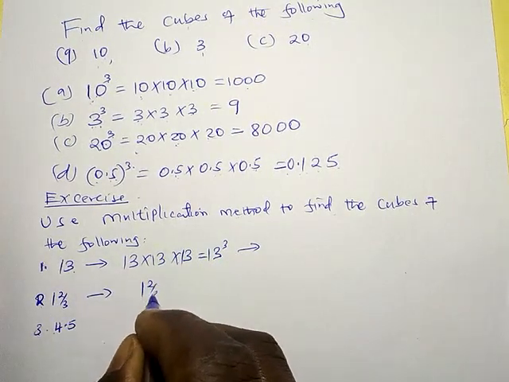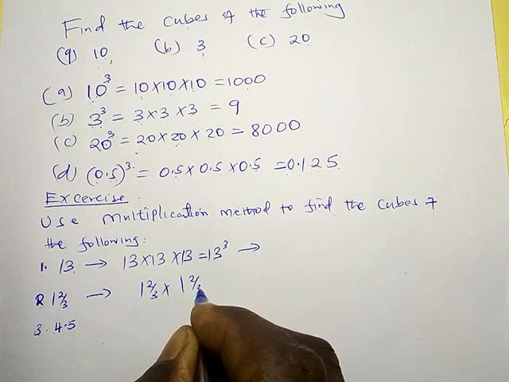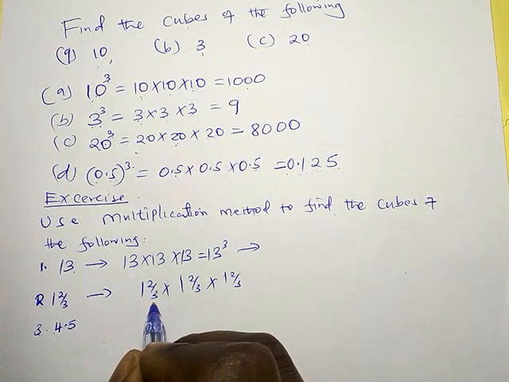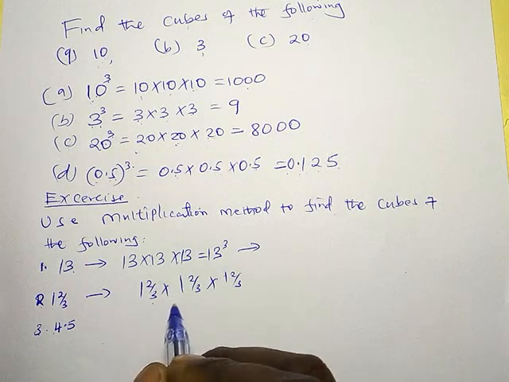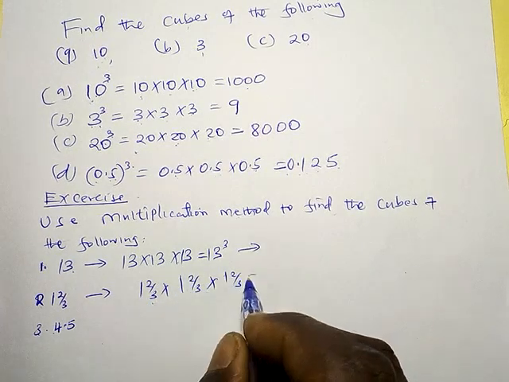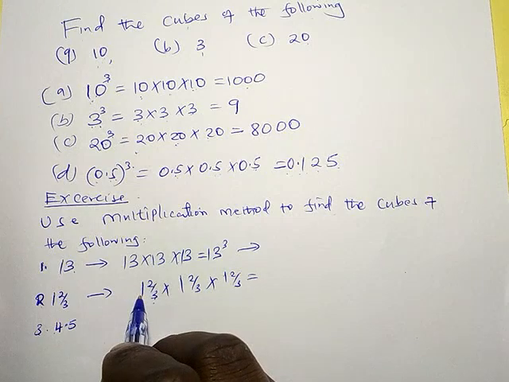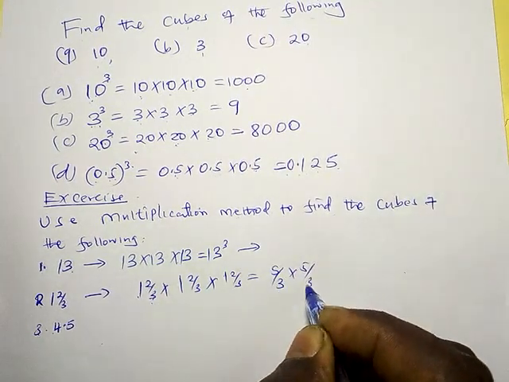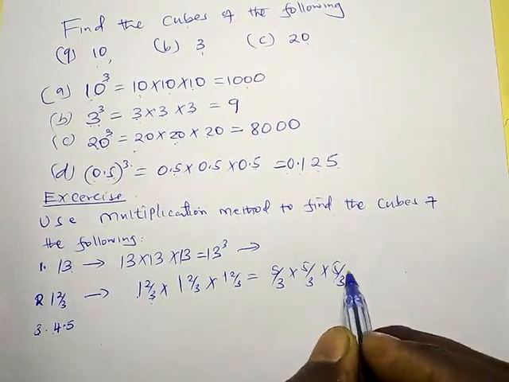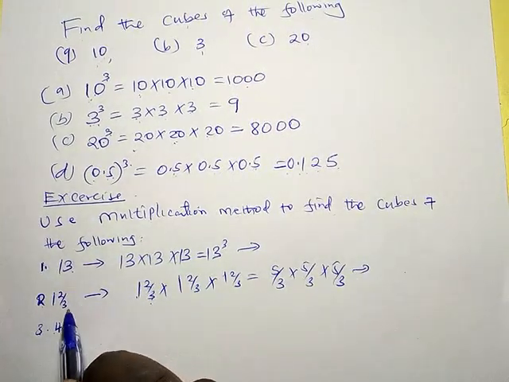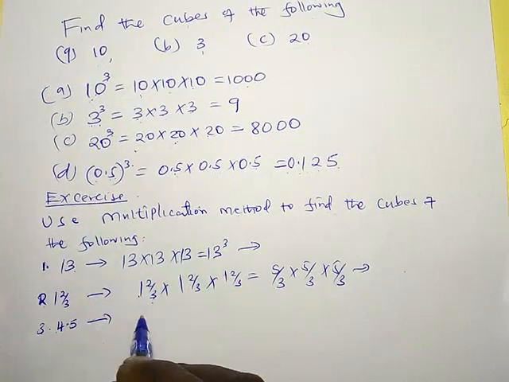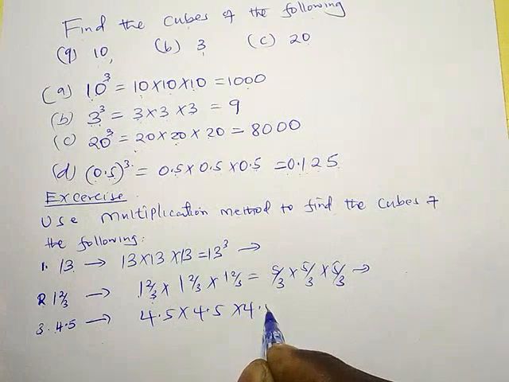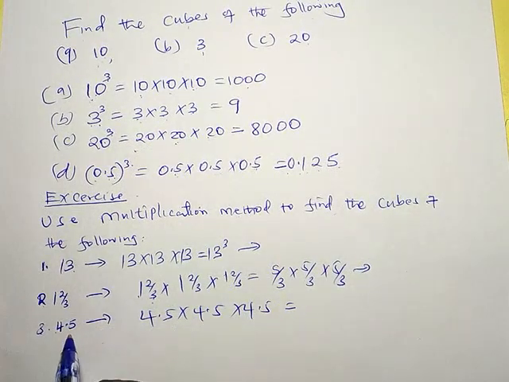For 1 2/3 times 1 2/3 times 1 2/3, first, you change this fraction into an improper fraction. So how do you change this mixed fraction into an improper fraction? 3 times 1, 3, plus 2 is 5 over 3. So 5/3 times 5/3 times 5/3 gives you the cube of this number. 4.5 times 4.5 times 4.5 gives you the cube of 4.5.